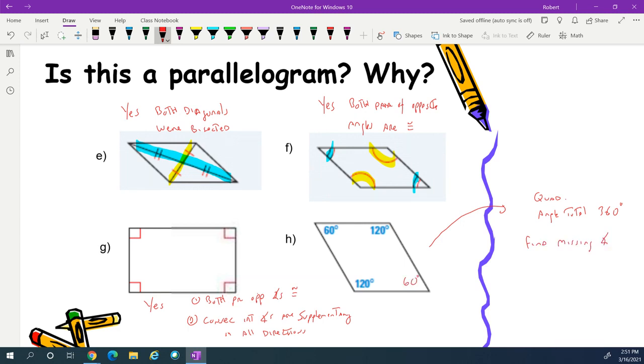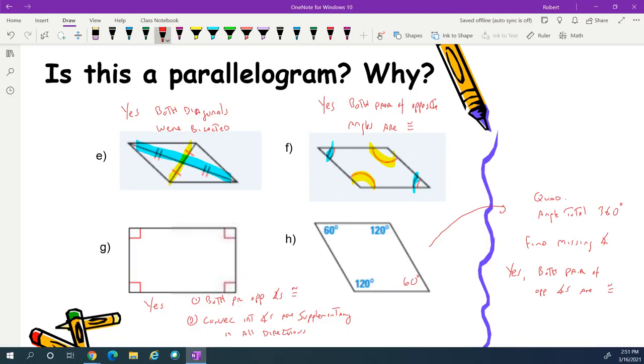And we can find out that it's 60. So now we can say yes, both pairs of opposite angles are congruent.